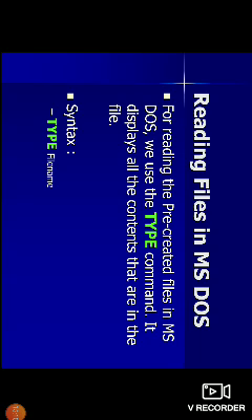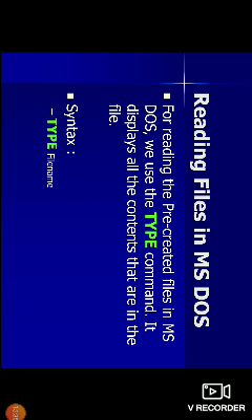Next is reading files in MS DOS. For reading pre-created files in MS DOS, we use the type command. It displays all the contents that are in the file. The syntax is type space file name.